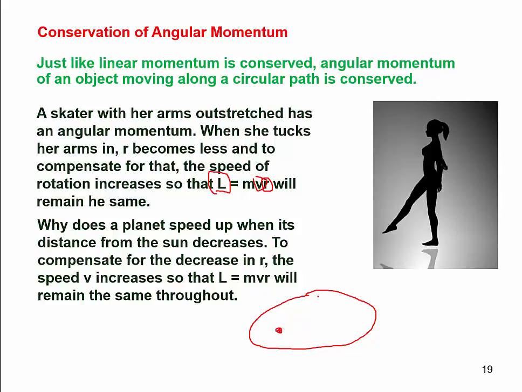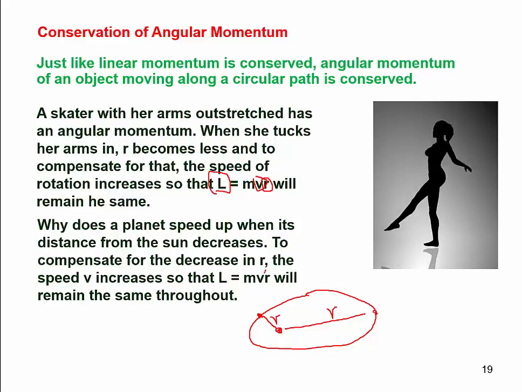And we said as the planet comes closer to the sun, somewhere here, its speed is greater than when it is here. Why? Because when it is there, that is the value of r, and when it is here, this is the value of r. r is much less.